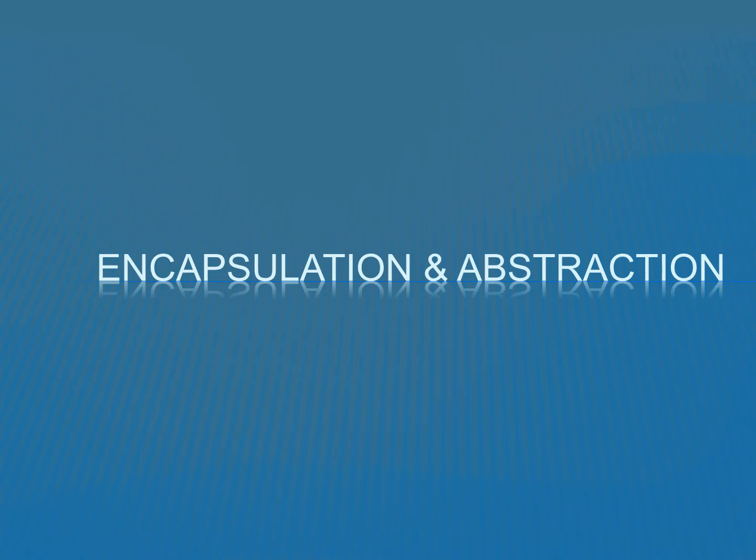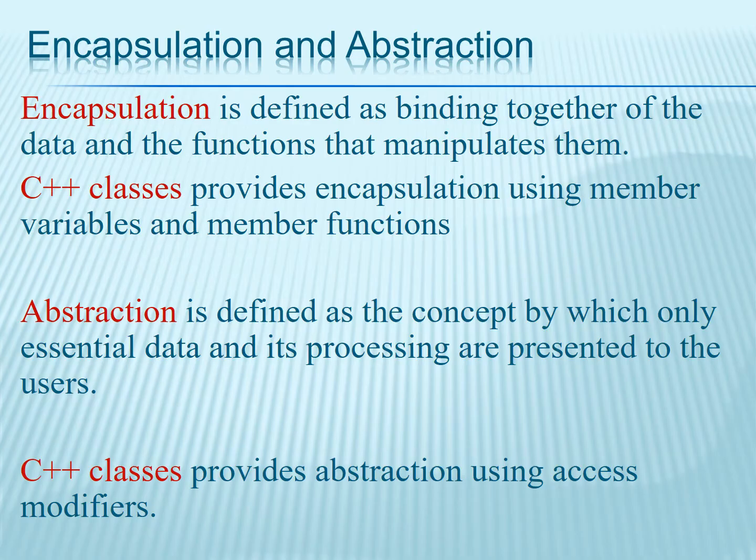Encapsulation and abstraction in object-oriented programming. Encapsulation is defined as binding together of data and the functions that manipulate them. C++ classes provide encapsulation using member variables and member functions.